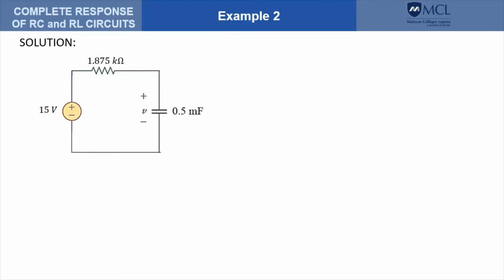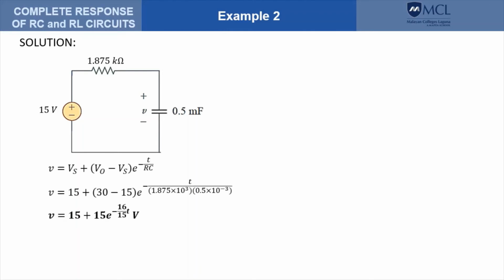Okay, so after converting the circuit into a series RC, we use the formula. We know V naught to be 30 volts, so plugging in the rest of the values, that should give us an equation for V that is like this.